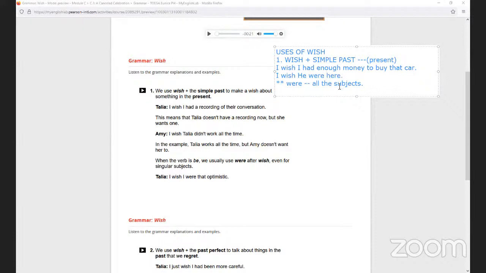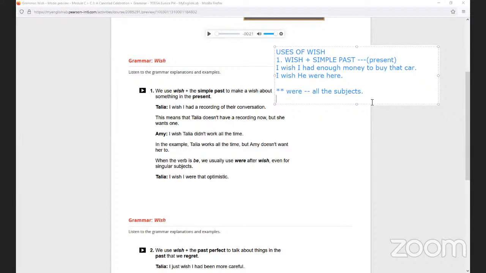We know that this subject he goes with was, but when we use wish for conditionals in this grammar of uses of wish, we always use were for all the subjects. It doesn't matter if it is he, she, it, we're going to use were. Okay, so we have to use this.